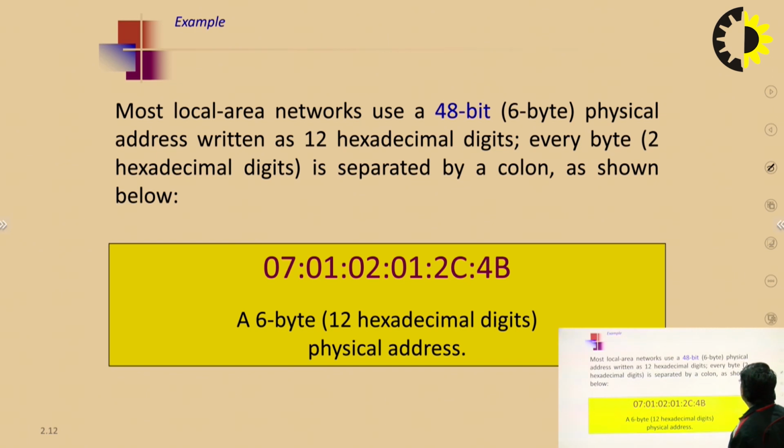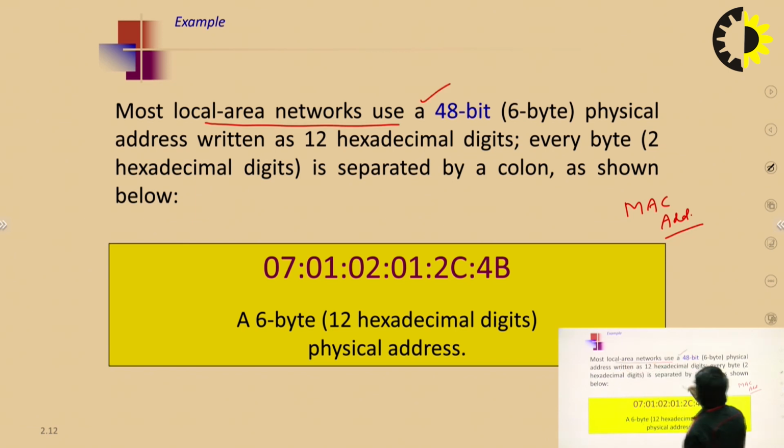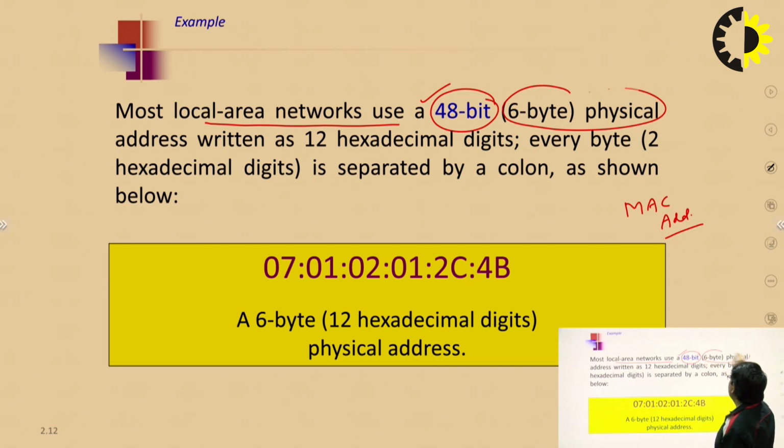This is one more example for the MAC address or physical address. Basically, for local area networks, in the LAN cards, we use a 48-bit or 6-byte physical address. A byte can be represented by 2 hexadecimal characters.